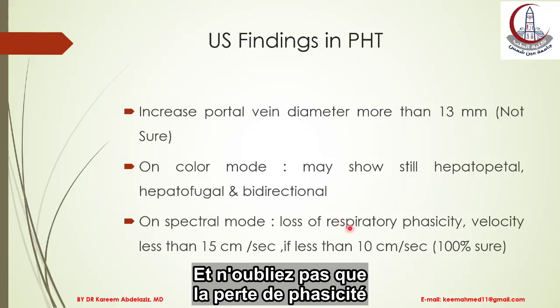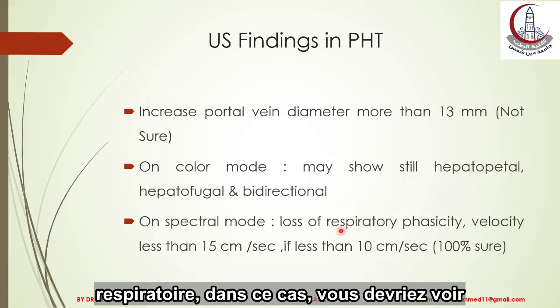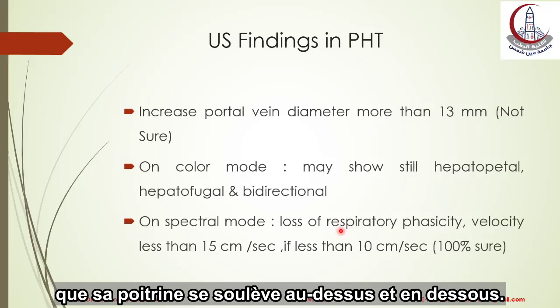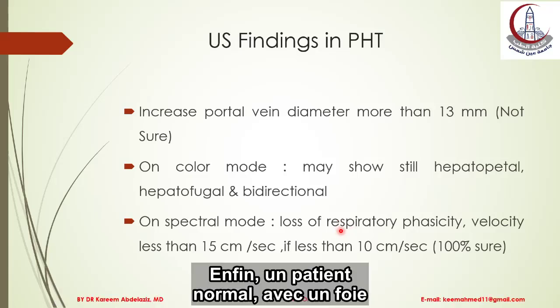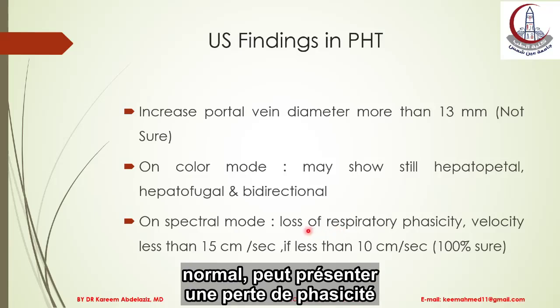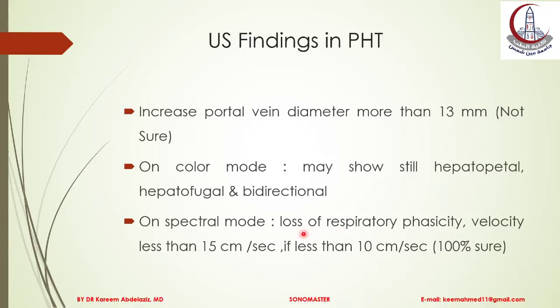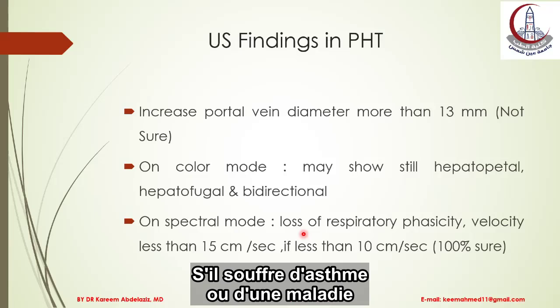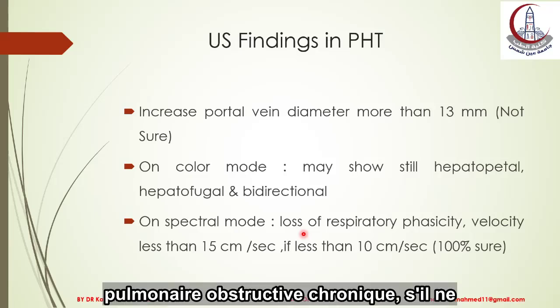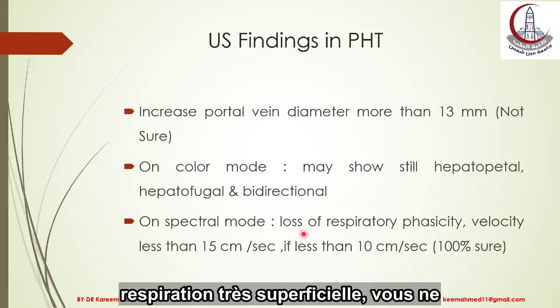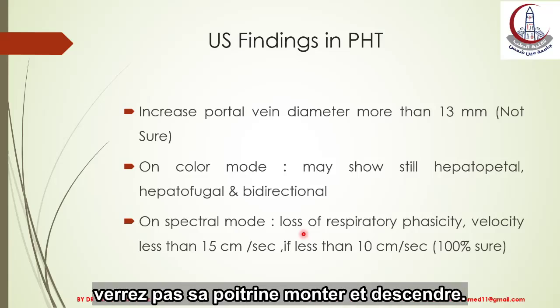And please remember, with loss of respiratory phasicity, you should see that the patient's chest is rising above and below. I mean, a normal patient with a normal liver may show loss of respiratory phasicity if the patient has a problem with his chest. If he has asthma or chronic obstructive pulmonary disease, if he cannot take his breath normally, if he has very shallow breathing, you will not see his chest go up and down.